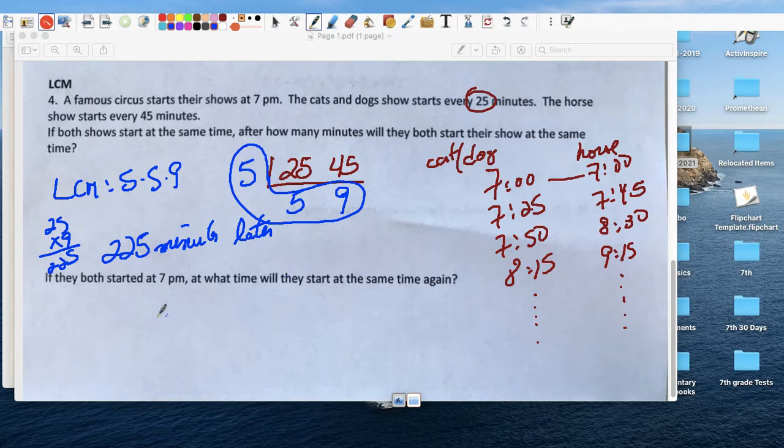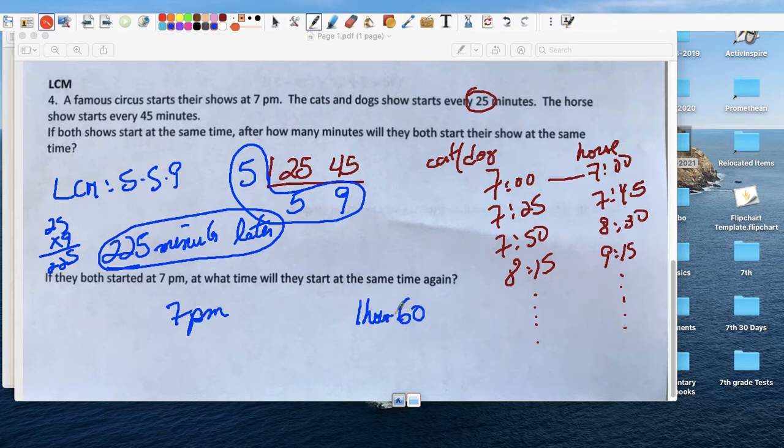So if they both start at 7 p.m., if it's 7 p.m. right now, what time will it be 225 minutes later? Well, first of all, everybody knows that 1 hour is 60 minutes, right? 2 hours, we would do plus 60, so that's 120 minutes. 3 hours, add another 60, would be 180 minutes.